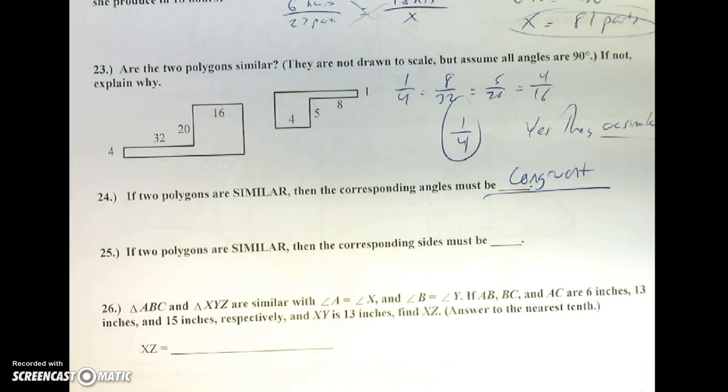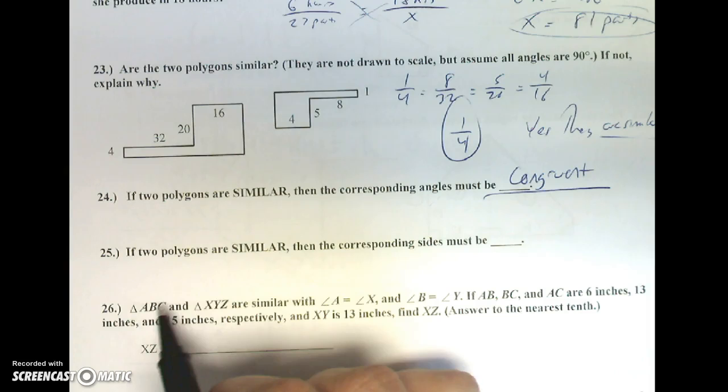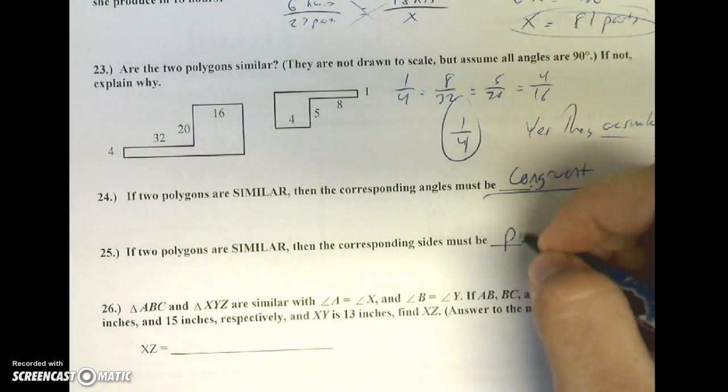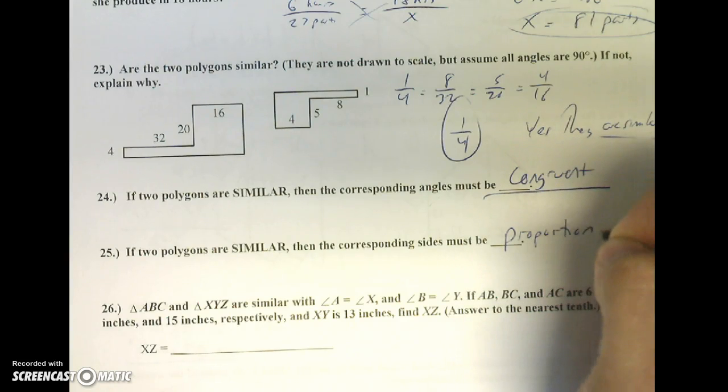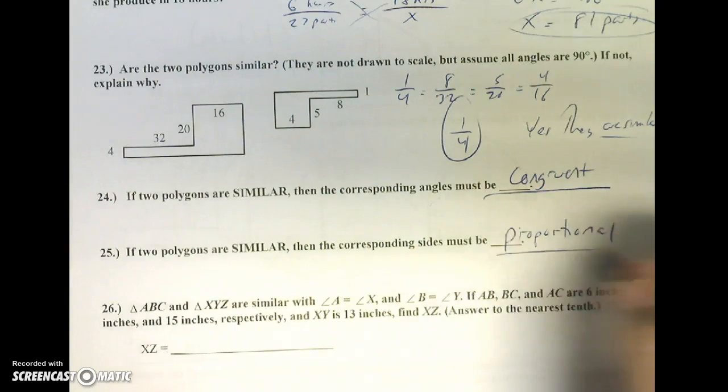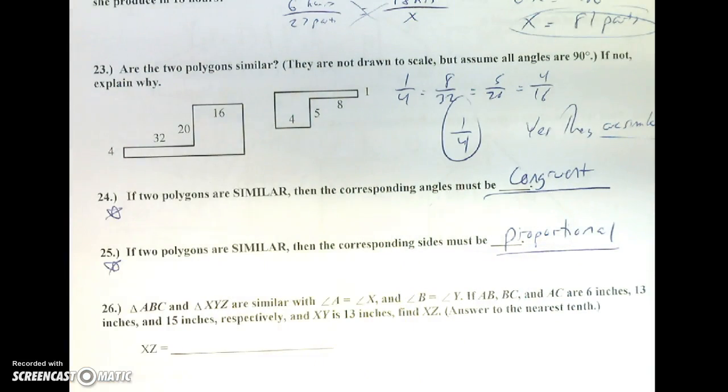Okay, they must be congruent. That's for the angles. Now, if 2 polygons are similar, then the corresponding sides must be proportional, okay, or the same ratio. So again, if you guys are listening right now, you definitely got 2 questions right. First one's congruent, second one's proportional, okay?